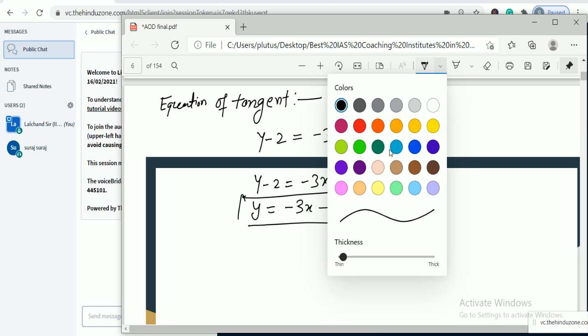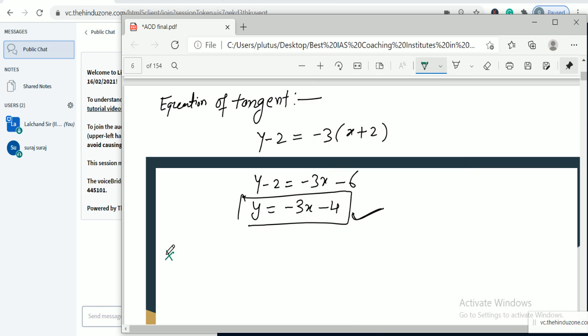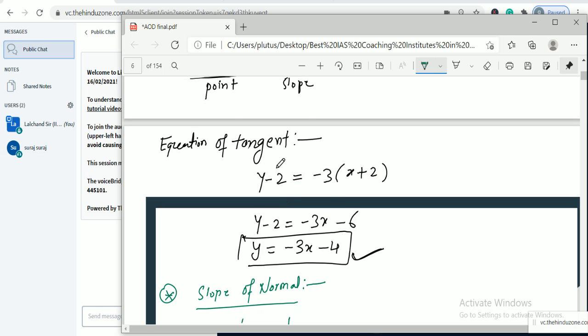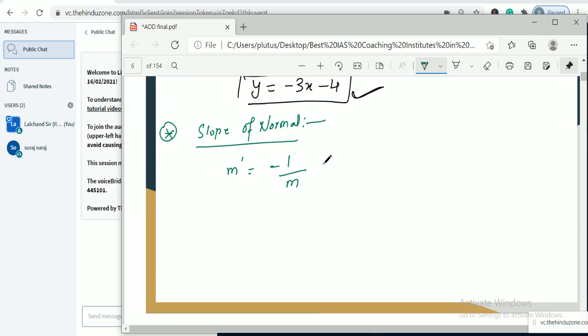So the slope of normal will be, let's suppose m dash, that is minus 1 upon the slope of tangent, that is m. We have calculated the m value here. So if we substitute, minus 1 upon minus 3, that is equal to plus 1 by 3. This is the slope value of normal.